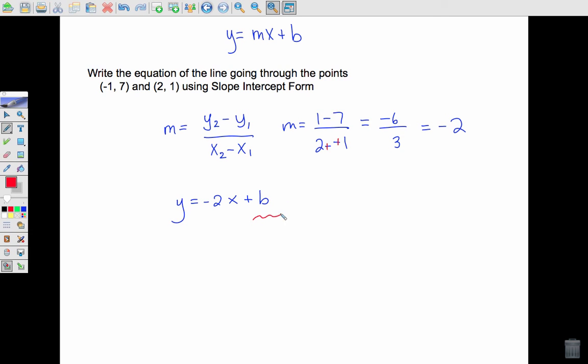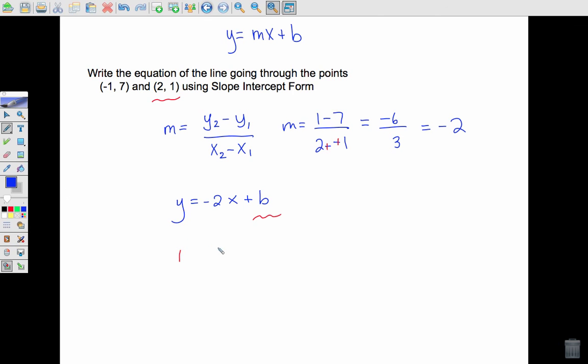My next step is that I need to find out what b is. So I'm going to substitute one of the points in for x and y. It doesn't matter which point you choose. So I'm going to choose the point (2, 1), and I'm going to replace x and y with 2 and 1.